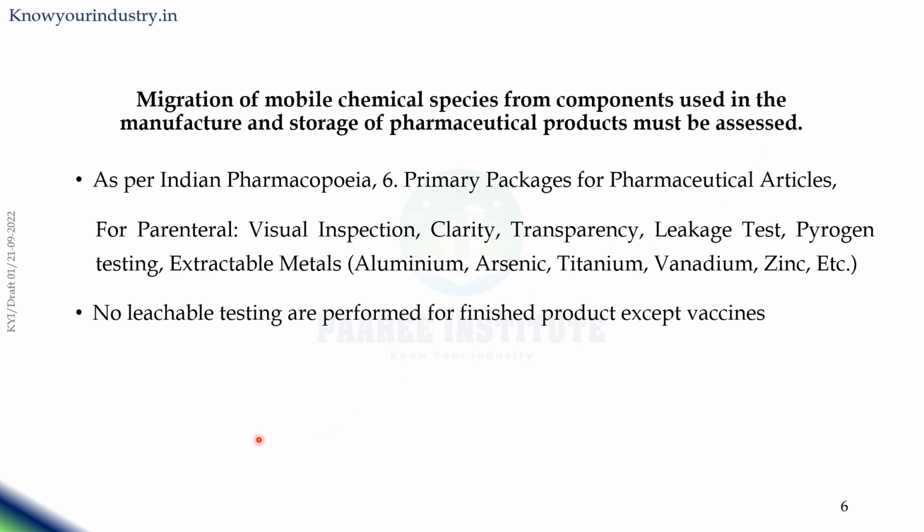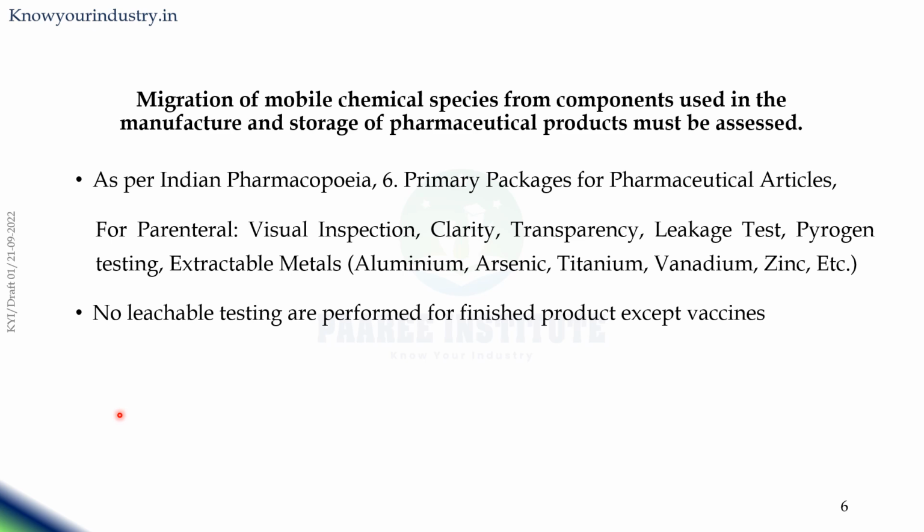So where can these impurities and leachables be triggered from in a particular product? The impurities can be formed by the API's interaction with the excipients, or its interaction with temperature or humidity, whatever the reason. That is number one reason.